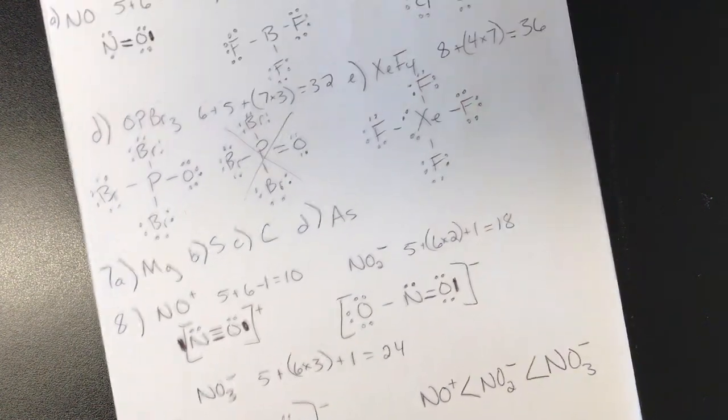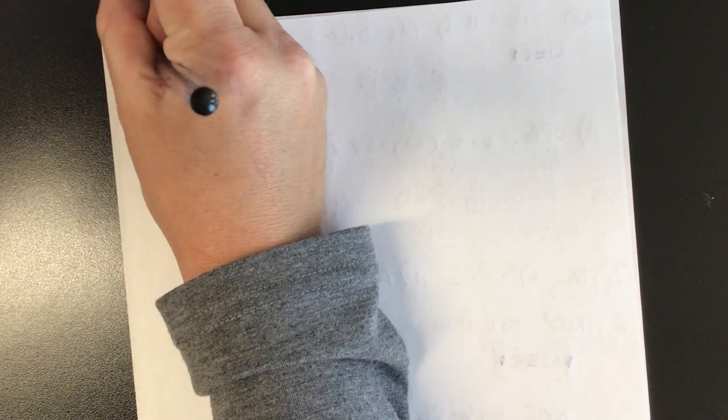Okay, number 9 says arrange the bonds in each of the following sets in order of increasing polarity. Okay, so they're all paired with fluorine.